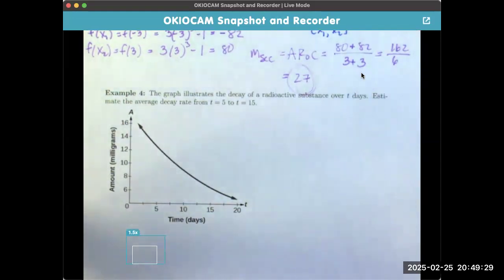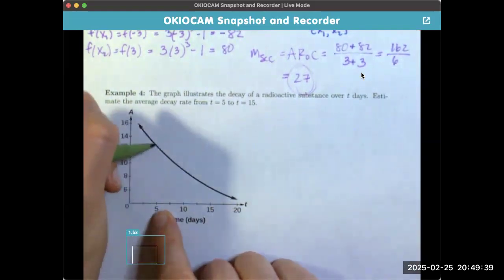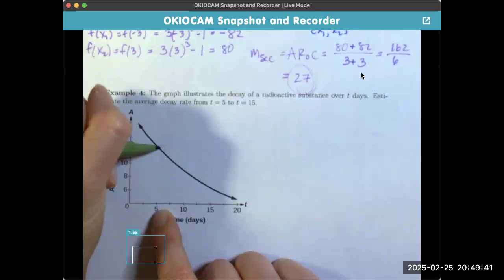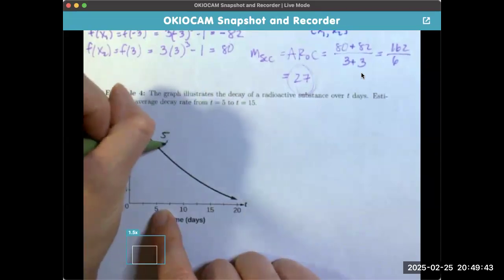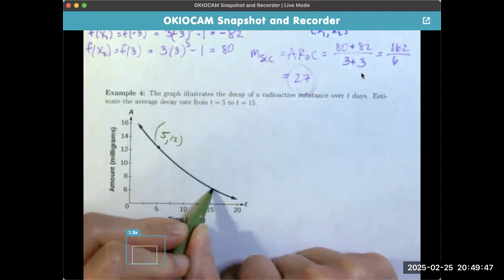Okay. The graph illustrates the decay of a radioactive substance over T days. Estimate the average decay rate from T of 5 to T of 15. So here to here, for sake of argument, let's say that's 5 comma 12 and 15.